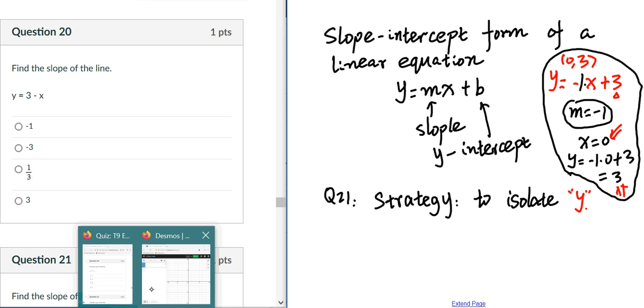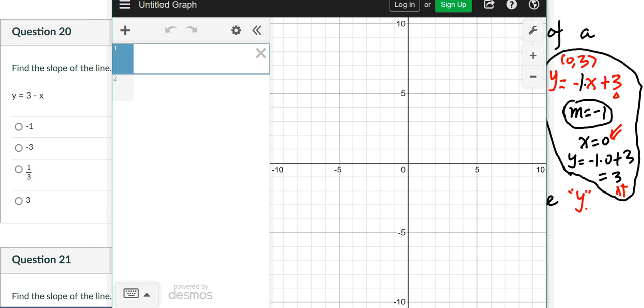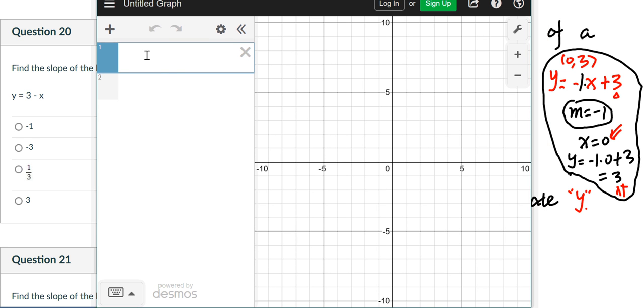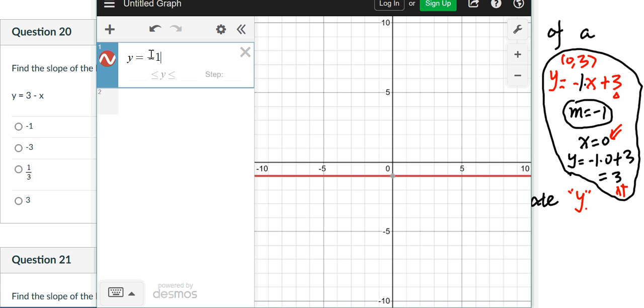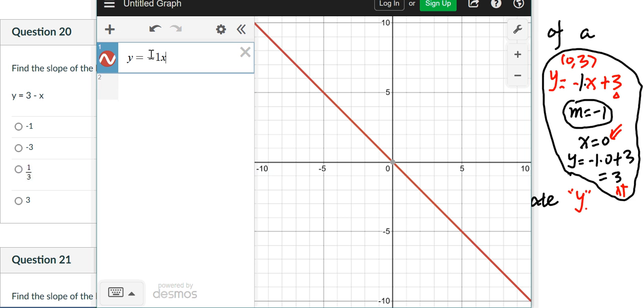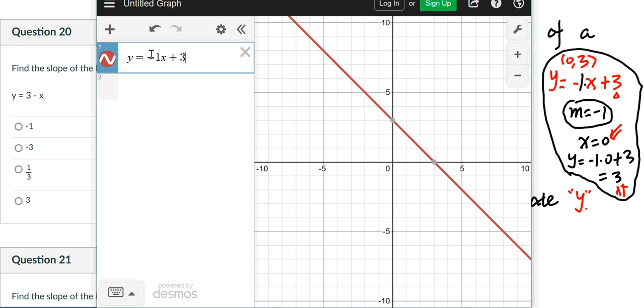Now, let's graph this one. You have y equals negative 1 times x plus 3. You see right here, this point (0, 3), the y-intercept. Rise over run is negative 1.